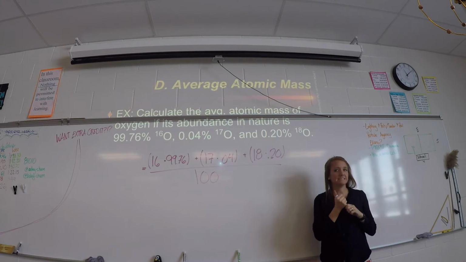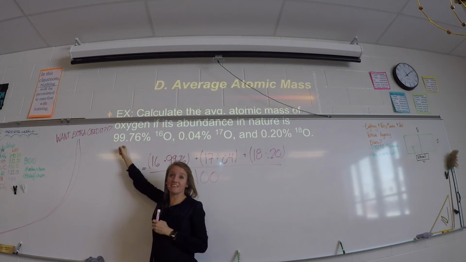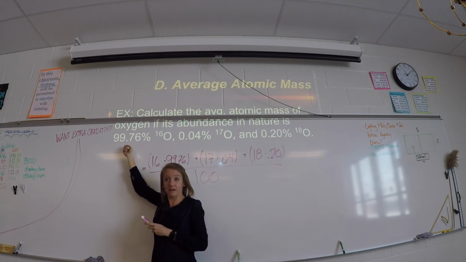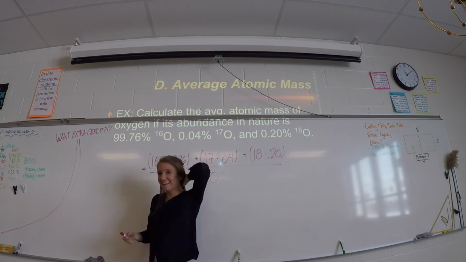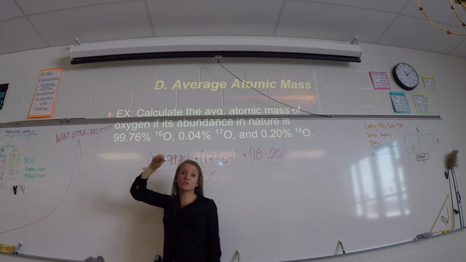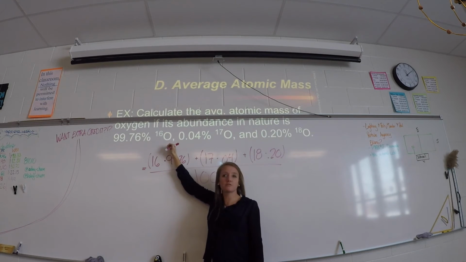Why? Because my percent abundance of it is a ton. This would be like if tests were weighted 99% of your grade, right? Whatever has the highest abundance, the answer should be closest to that.